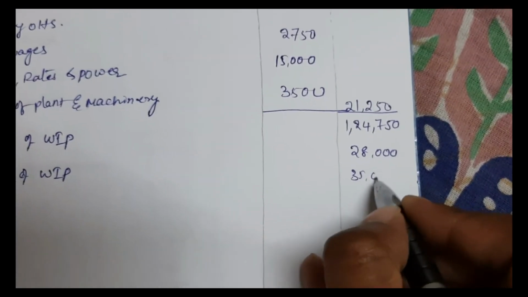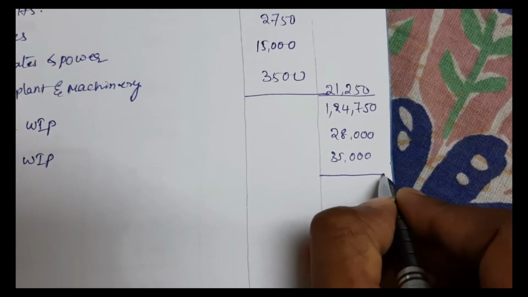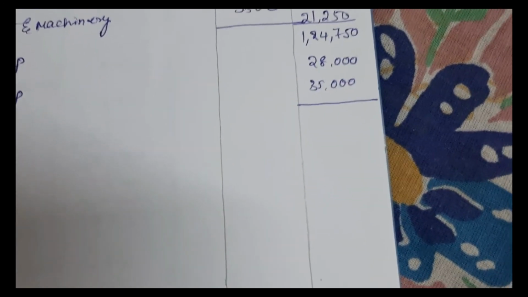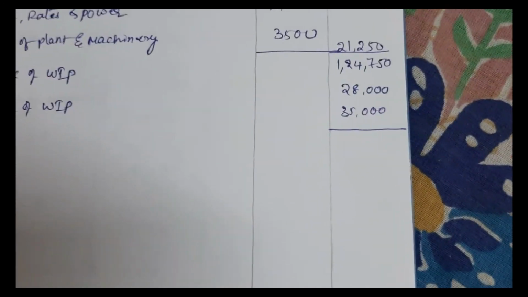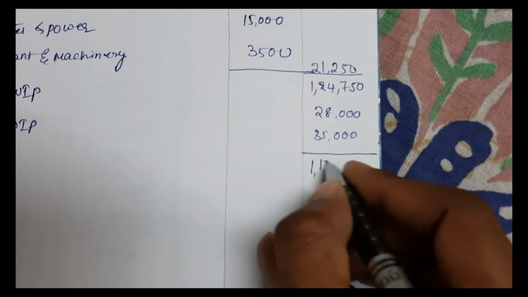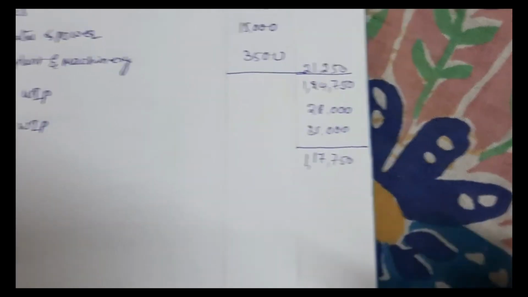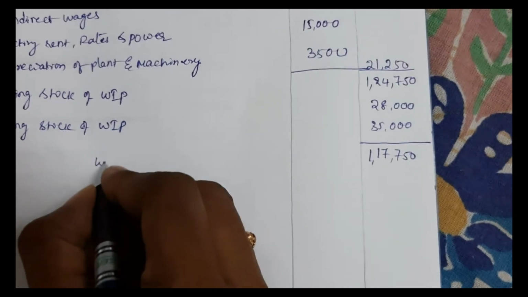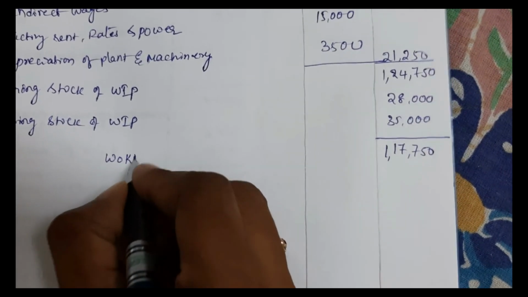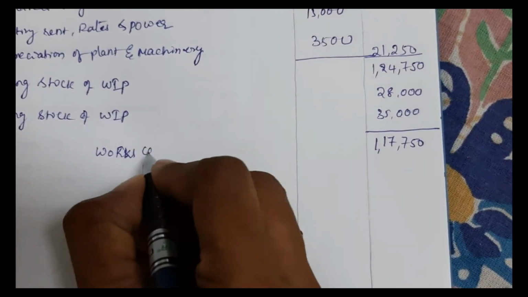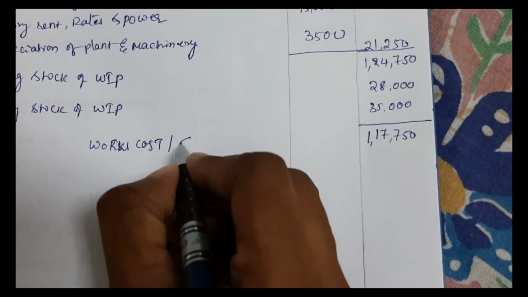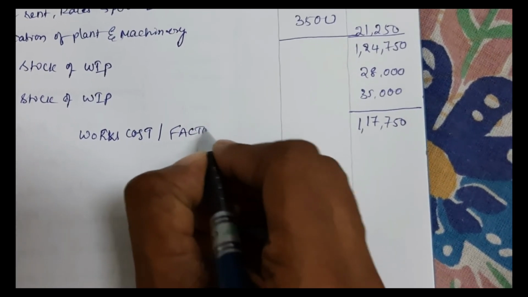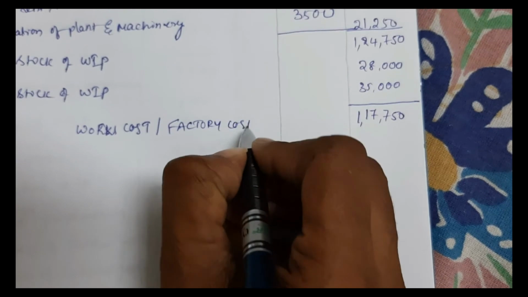So deduct this 35,000. 1,17,750 we will get, and this is known as works cost or factory cost.